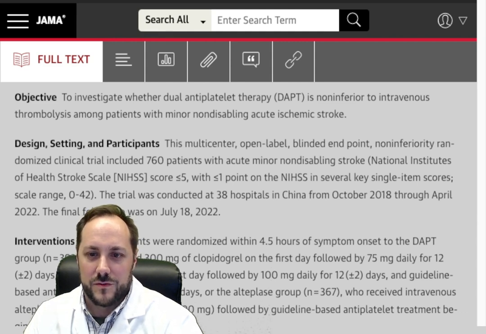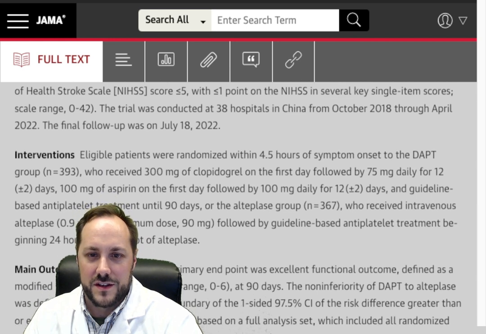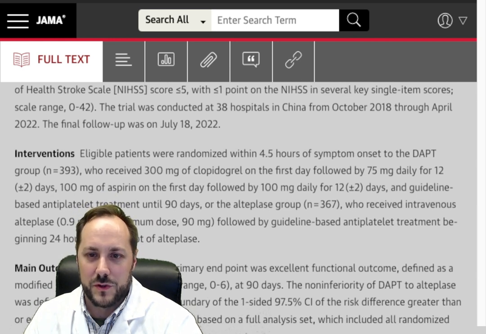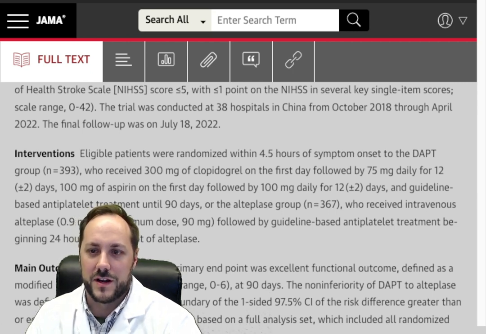And they gave 300 milligrams of clopidogrel on the first day, followed by 75 daily, and 100 milligrams of aspirin on the first day, followed by 100 milligrams daily.